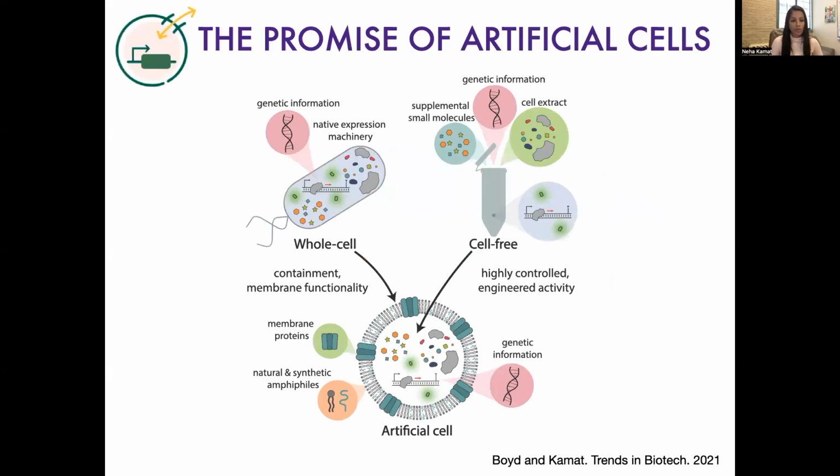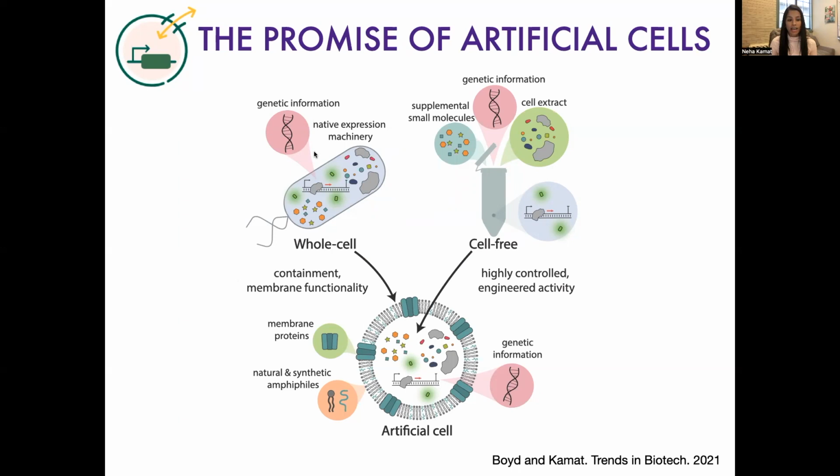The first thing I want to tell you about is our work in artificial cells. So this is a growing area of interest that many groups across the world are really starting to tackle. And where we really see artificial cells is lying at this intersection between whole living cells as well as cell-free systems.